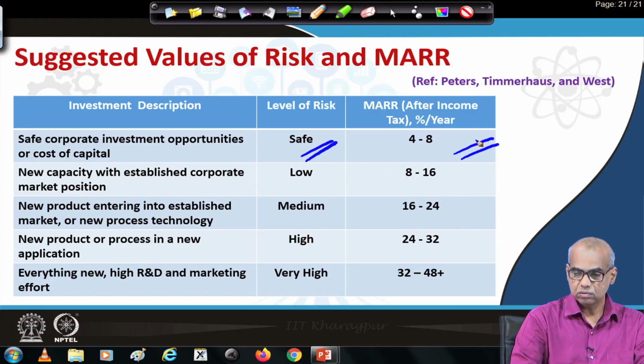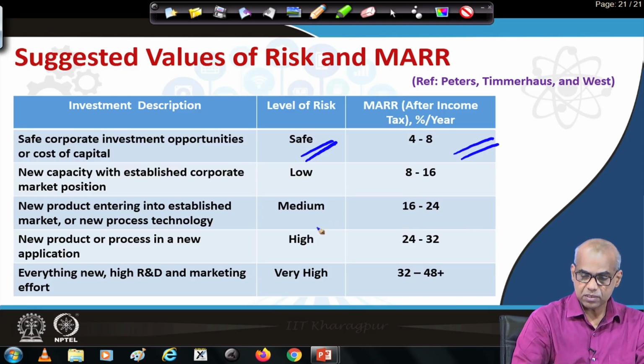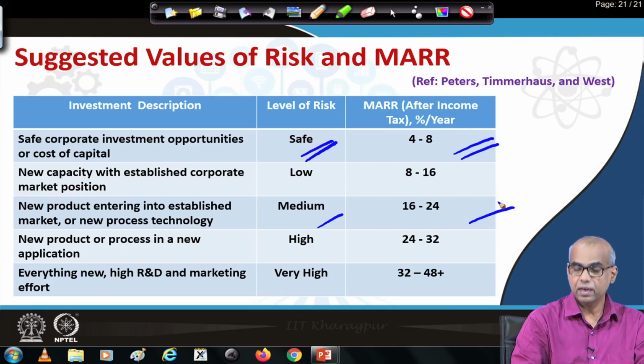When risk is low, the minimum acceptable rate of return may be in the range of 8 to 16% per year. For medium risk, the minimum acceptable rate of return will be in the range of 16 to 24% per year.